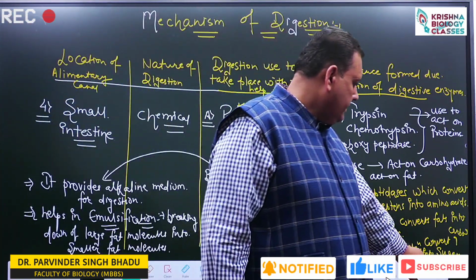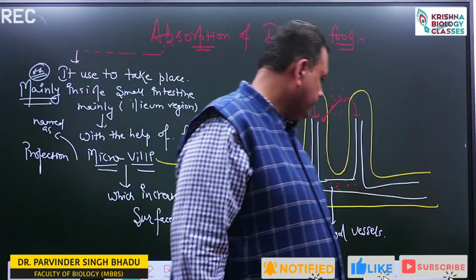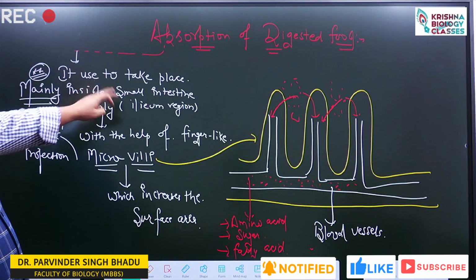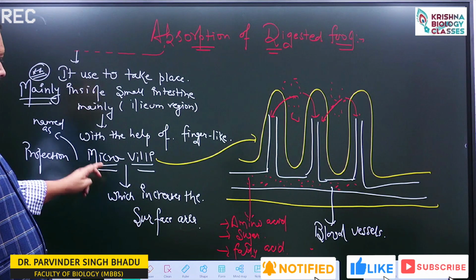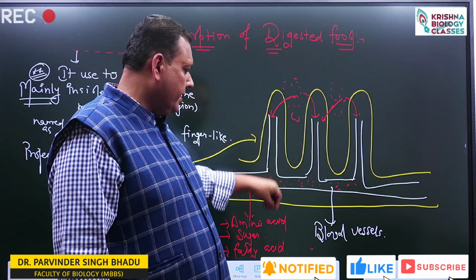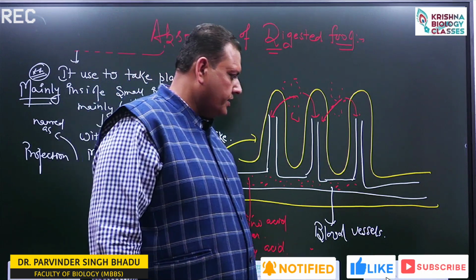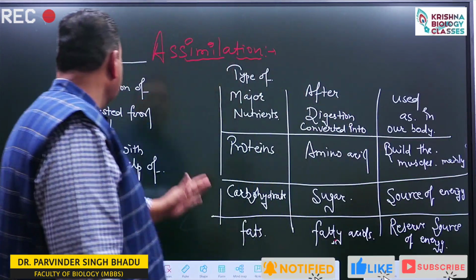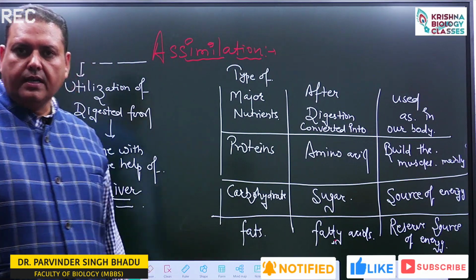Then how absorption takes place: it takes place inside the ileum part of the small intestine with the help of finger-like projections, which increase the surface area. The digested food enters inside the blood vessel, and this entire process is named as absorption. And after that we utilize the digested food. So it's over for today's class. Thank you.